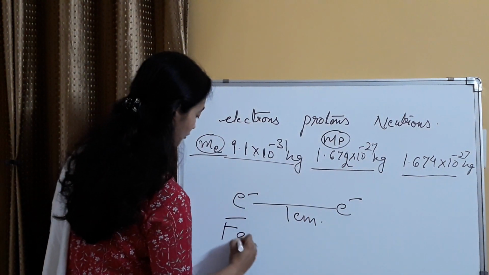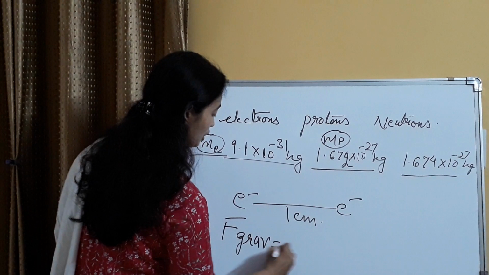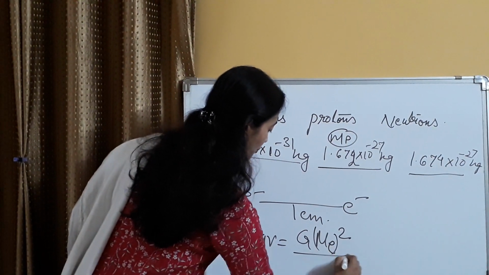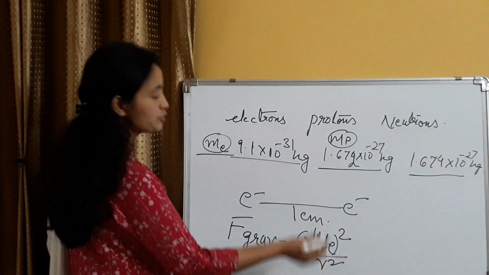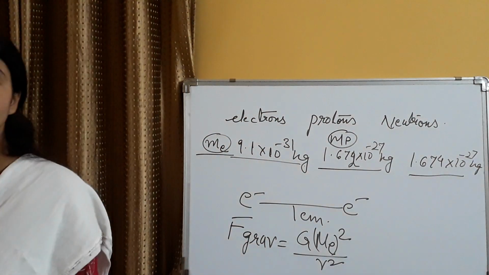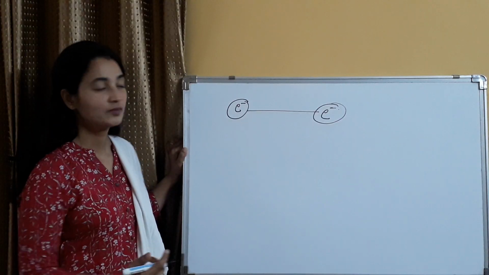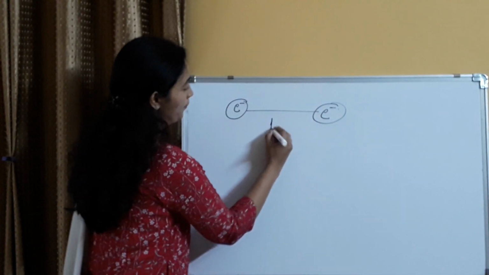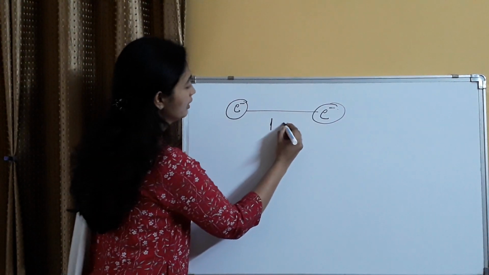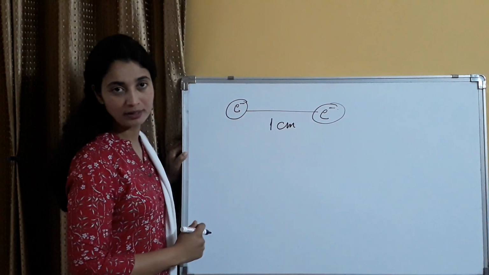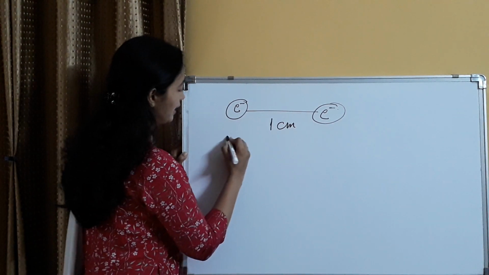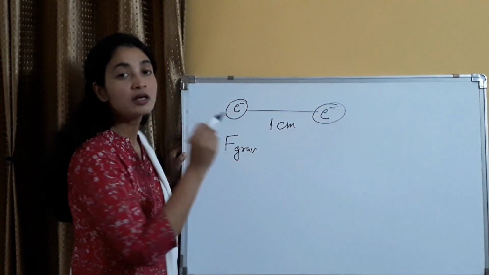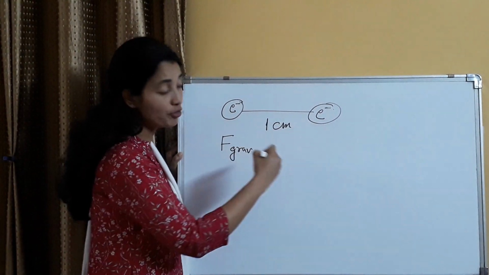They will definitely have some gravitational force, which is G m_e squared upon the square of the distance. The situation I have given you is of course hypothetical, with 2 electrons kept 1 centimeter from each other. They will experience some gravitational force because they have masses.